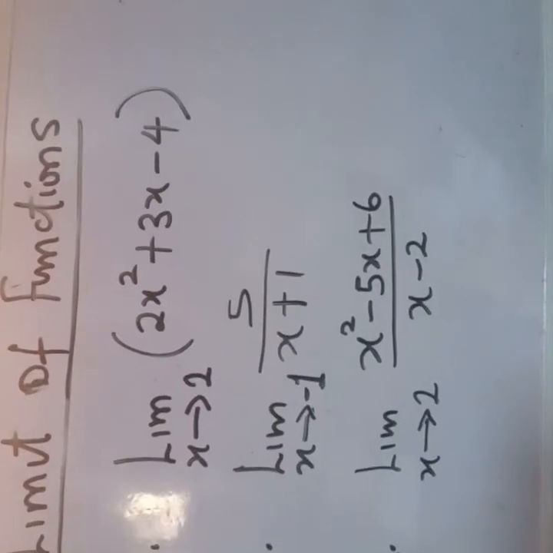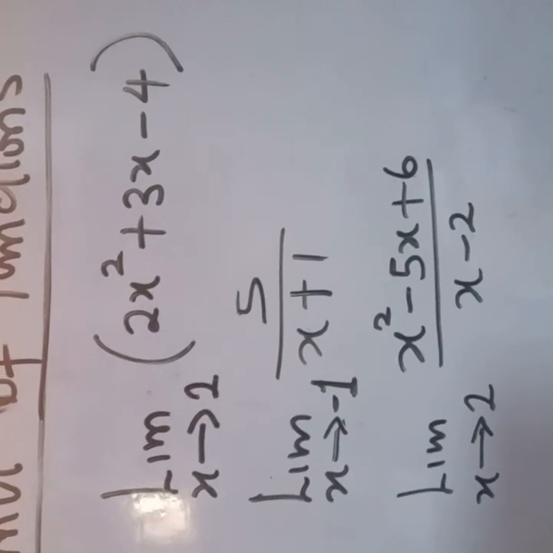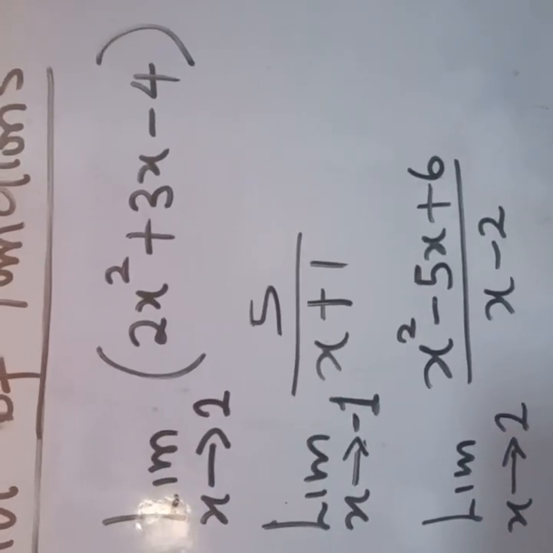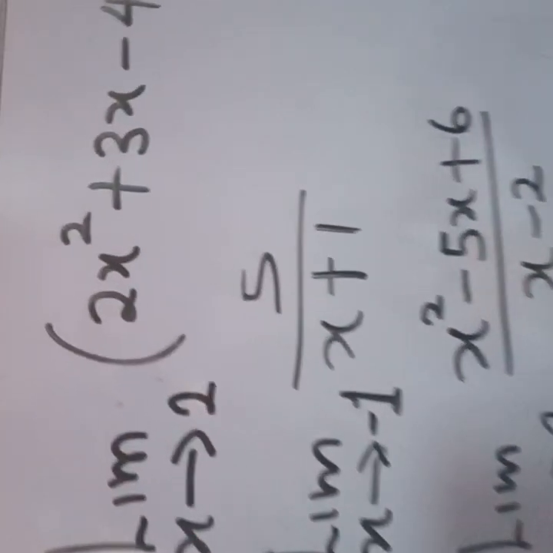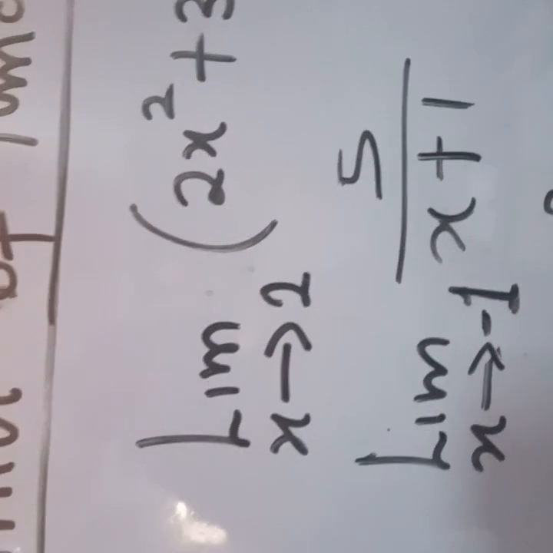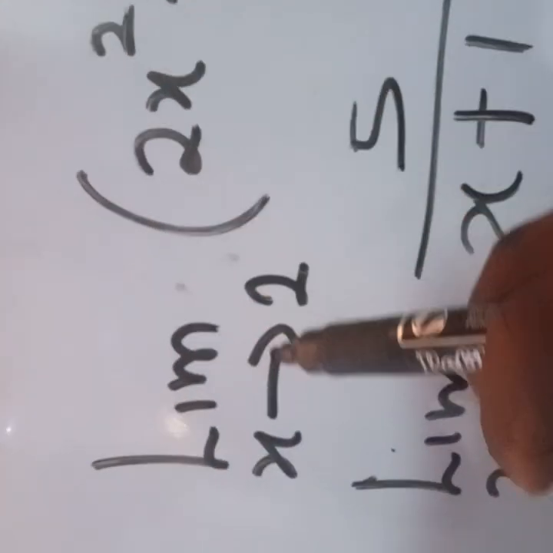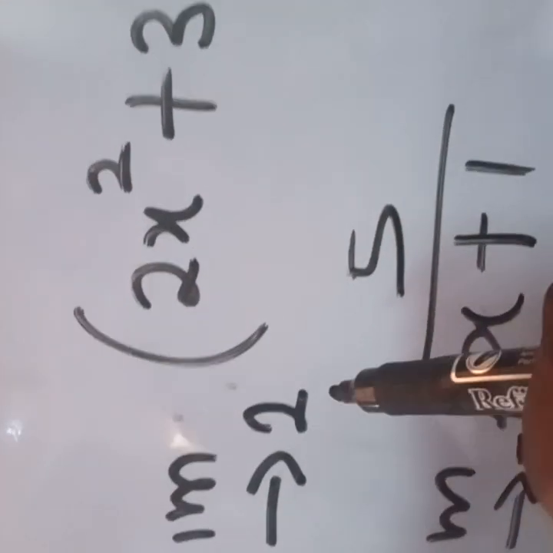The first one says we should evaluate the limit of 2x squared plus 3x minus 4 when x tends to 2. As we said earlier, when we are given something like this, wherever we see x in this expression, we substitute 2.